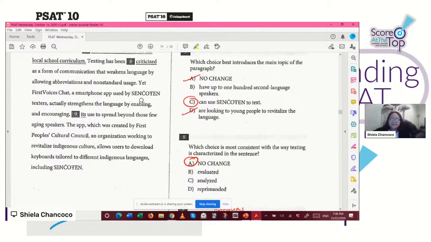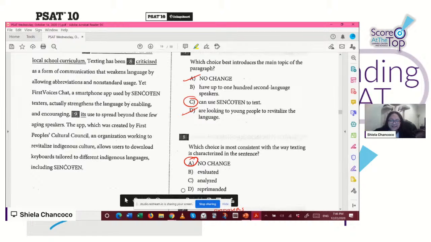Okay, number 8. Which choice is most consistent with the way texting is characterized in the sentence? Okay. It says it's being weakened. So it's not evaluated, analyzed, or reprimanded. Reprimanded is like you're texting while driving, so you're being reprimanded by your mom. I don't know.